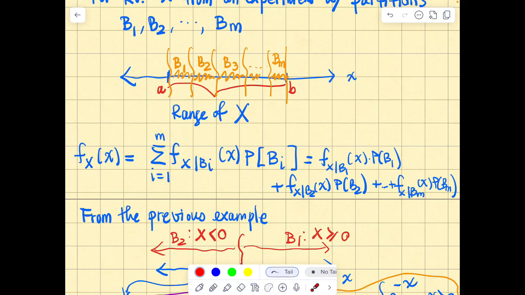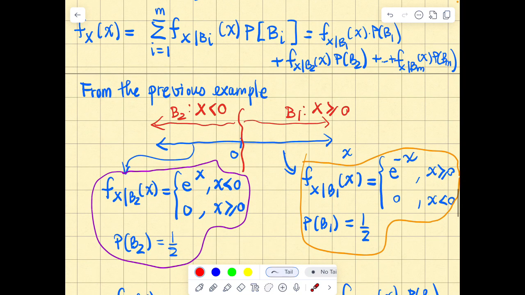That means if we know the conditional PDF conditioned on B1, you multiply with the probability of B1, right? Plus the conditional PDF conditioned on B2, and multiply with the probability of B2, until you get to the last partition or last event Bm. If you add all this up, you're going to get back the full or the unconditional probability.